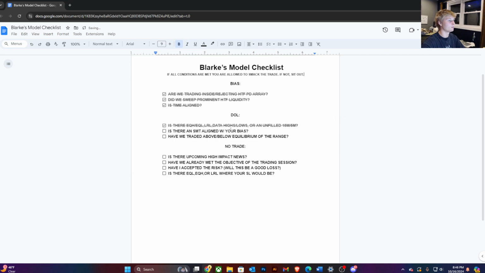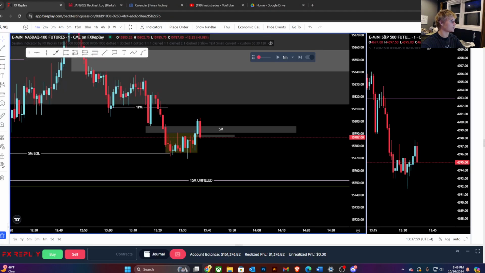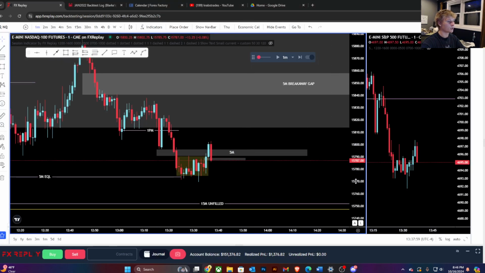Unfilled 15 minute below is my target. There is an SMT aligned with my bias. Have we traded above equilibrium? Yes, we're in a premium. There's no news. We haven't met the objective yet. Accepted the risk, yes. And there's no equal highs or lows near my stop loss.